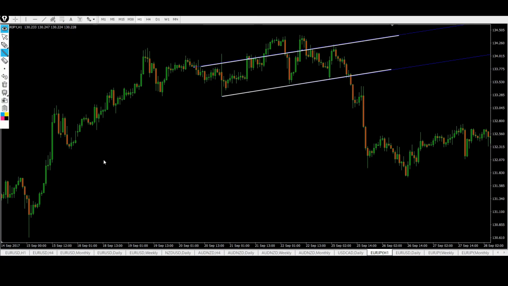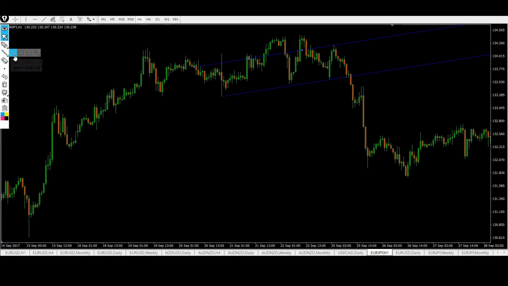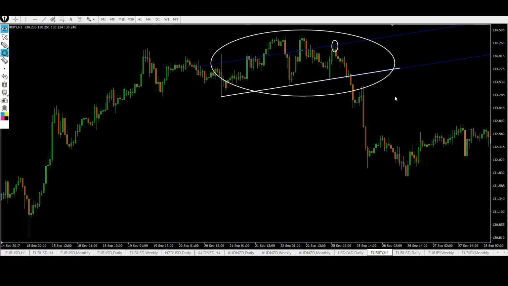Okay, let's go on to the remainder of that text. Alright, so both necklines must be parallel, and the main neckline cannot be broken out or surpassed before the right shoulder's price level is reached. Okay, the main neckline I'm referring to is the neckline on the bottom, and the right shoulder's price level is right here, right? Because this is the right shoulder of this H&S pattern.